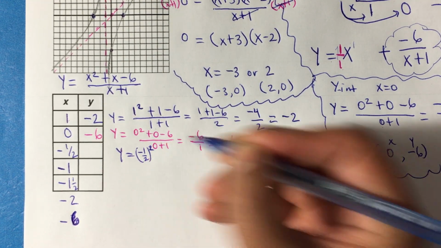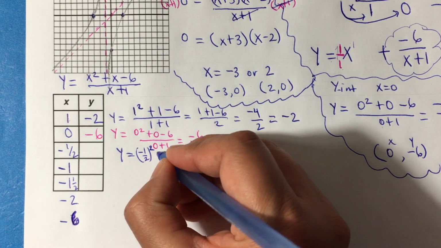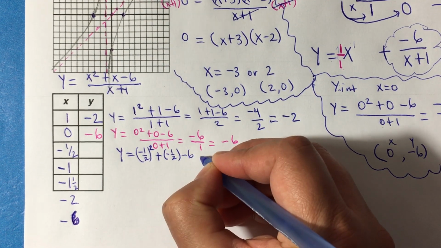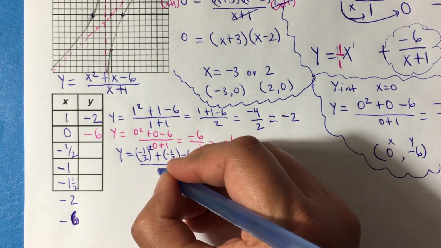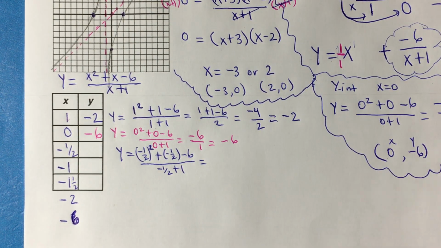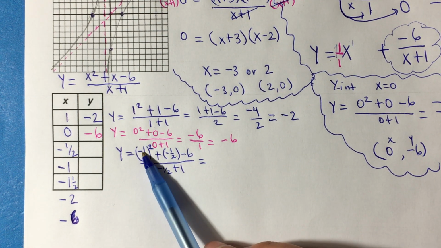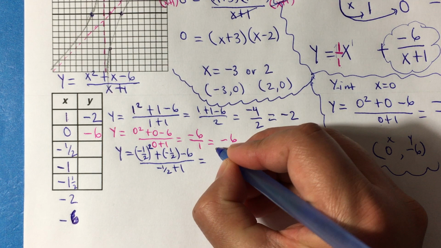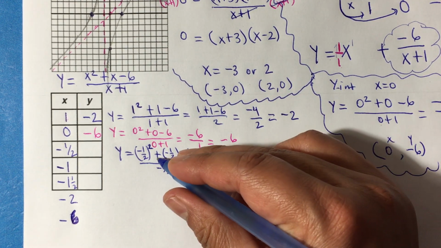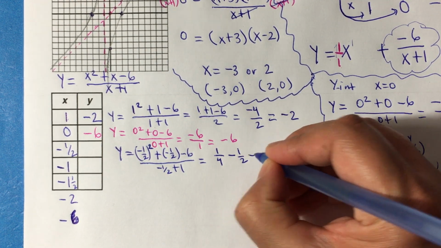The negative is included in the squaring, plus negative 1/2 minus 6 divided by negative 1/2 plus 1. In here, negative times negative becomes positive. 1 times 1 is 1. 2 times 2 is 4. And positive times negative becomes negative 1/2 minus 6.